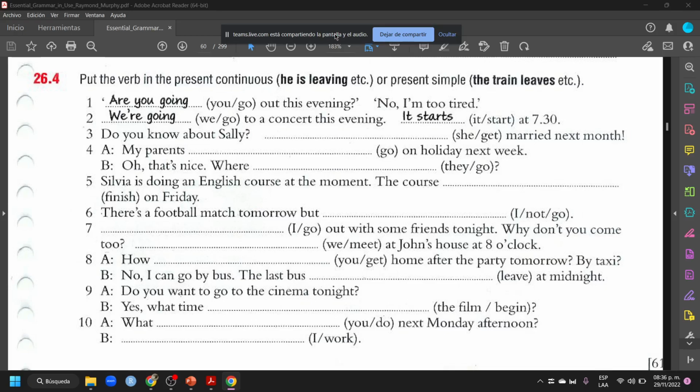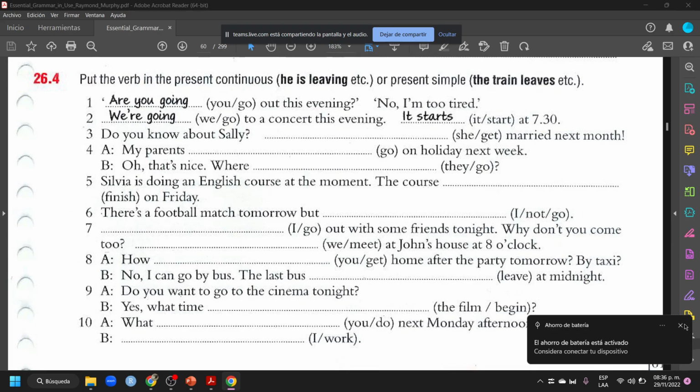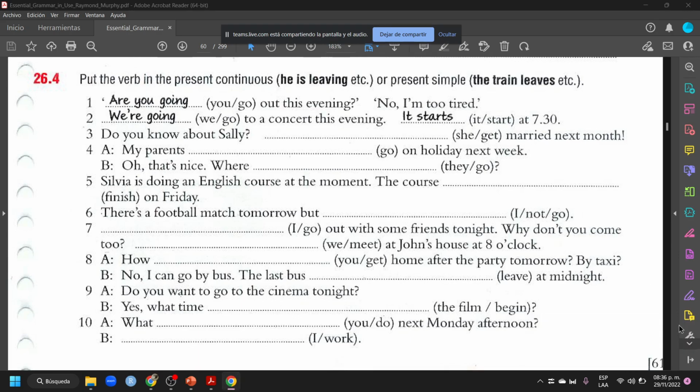Exactly. Letter B: oh, that's nice. Where are they going? Remember, present continuous. Where are they going?